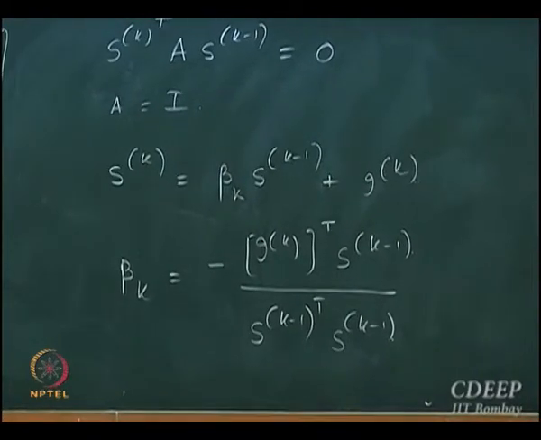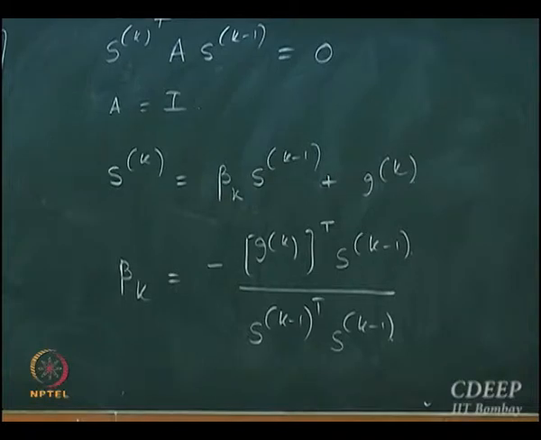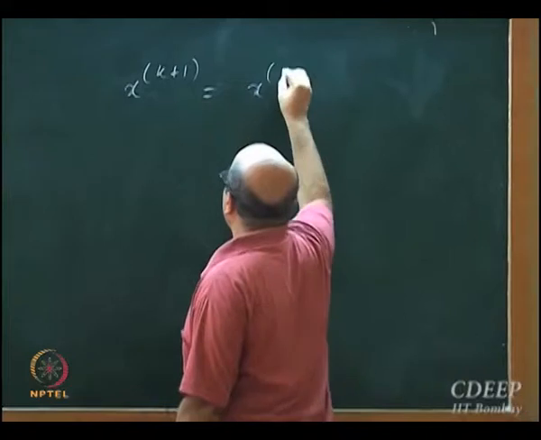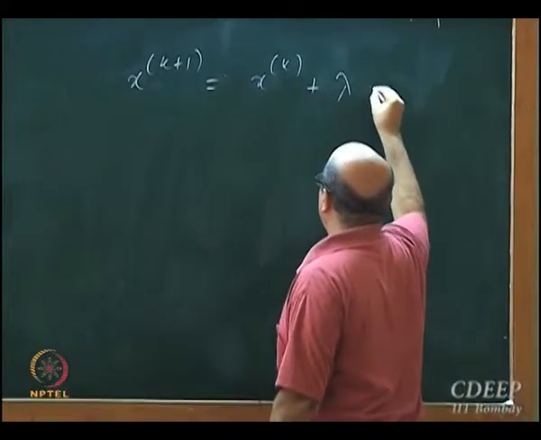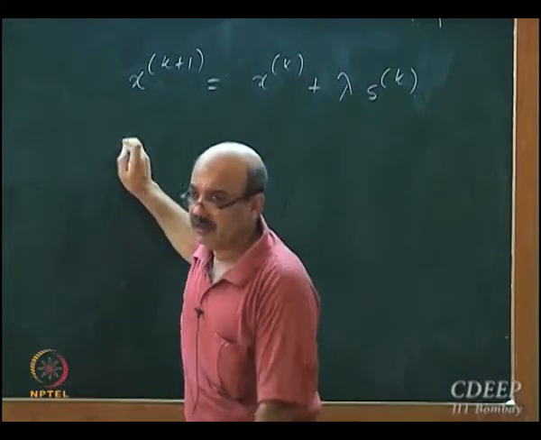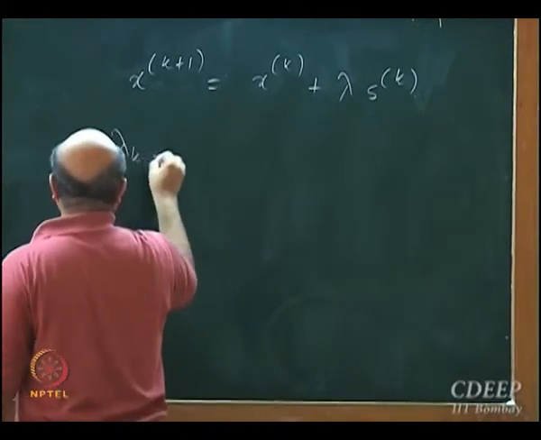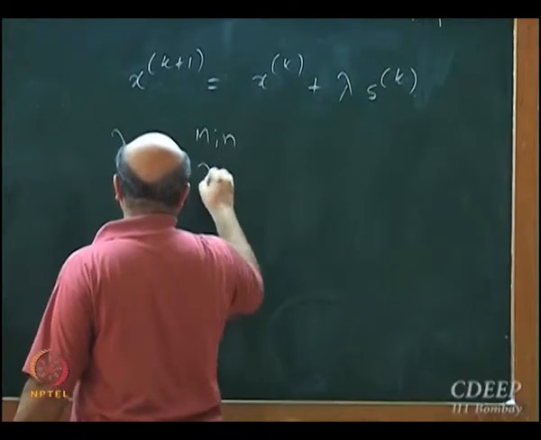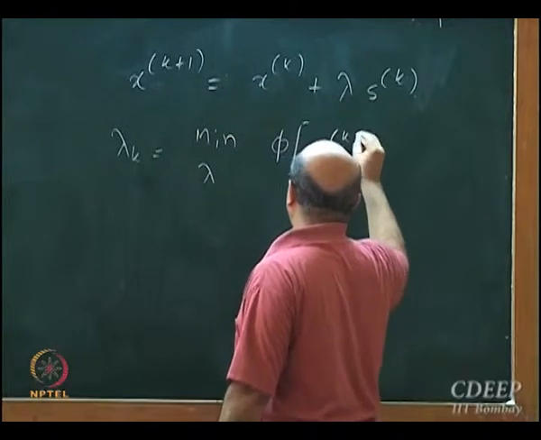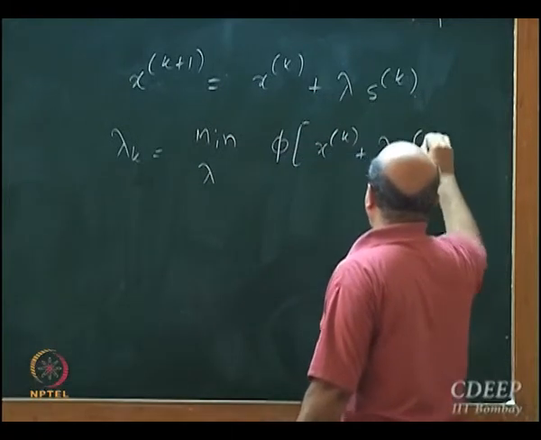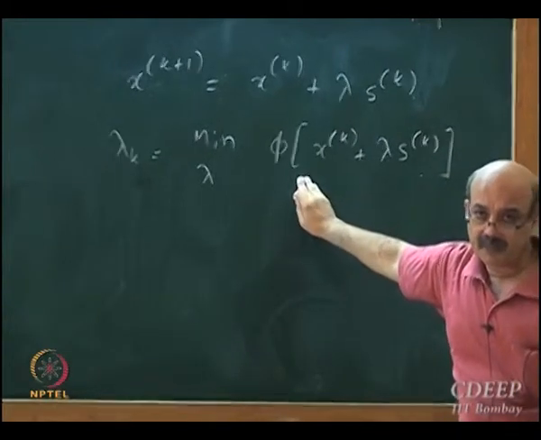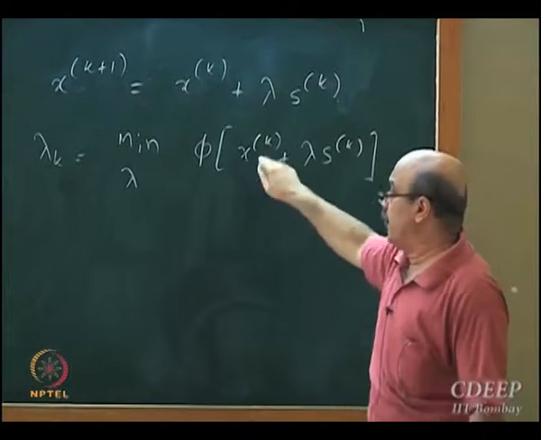That is, once you know the search direction, then you find out xk plus 1 is equal to xk plus lambda k sk. Find out lambda k, which is minimization with respect to lambda of phi, and do this one dimensional minimization. So let's find out the step length.